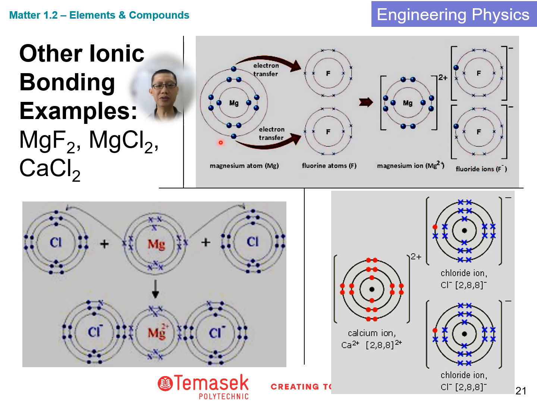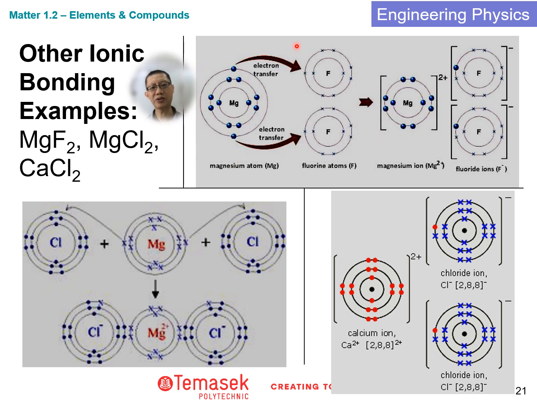Magnesium has 2 electrons in its outer shell, which it wants to lose to achieve a stable configuration, similar to a noble gas. Fluorine, on the other hand, has 7 electrons in its outer shell and needs 1 electron to complete the octet.